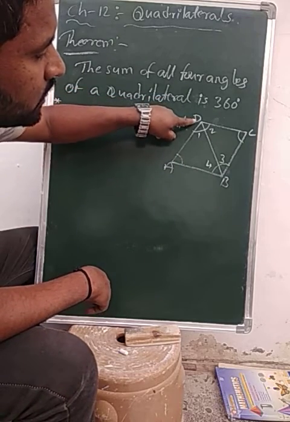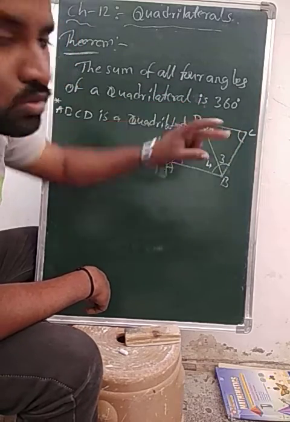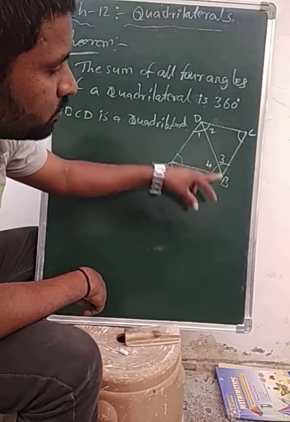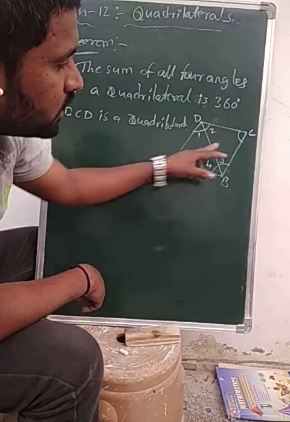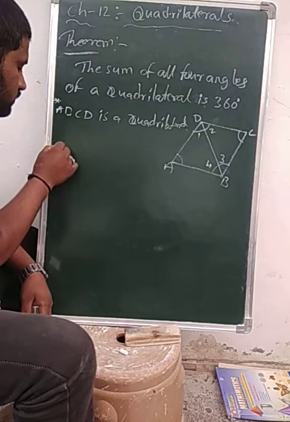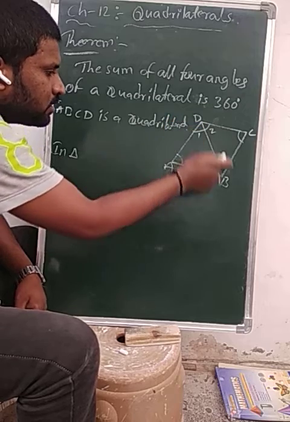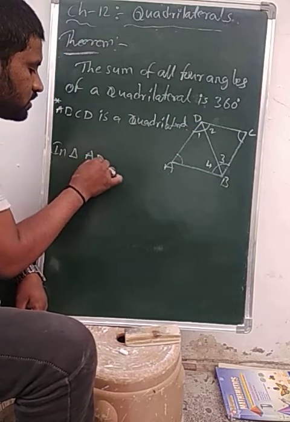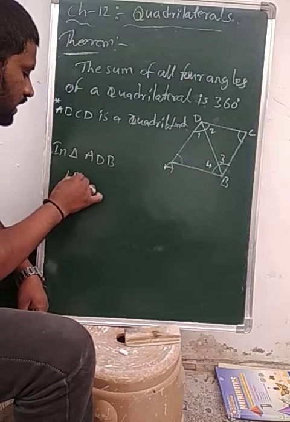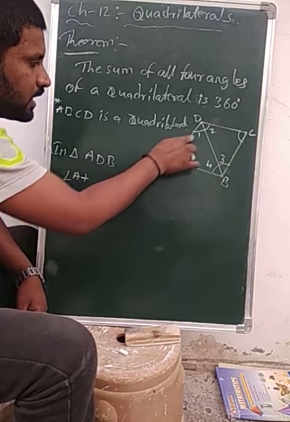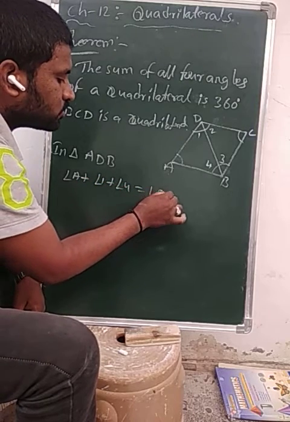The diagonal DB divides the quadrilateral ABCD into two triangles. The diagonal DB divides a quadrilateral into how many triangles? Two triangles. Now in triangle ADB, angle A plus angle 1 plus angle 4 is equal to 180 degrees.